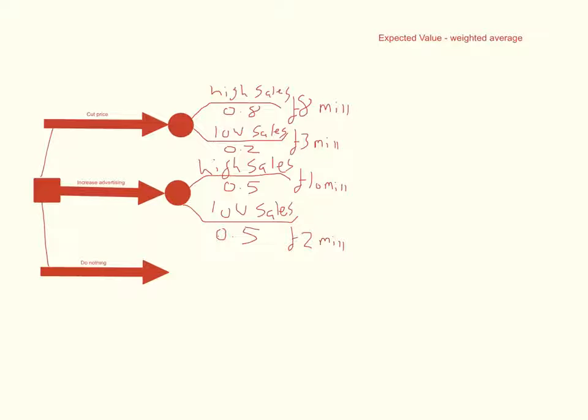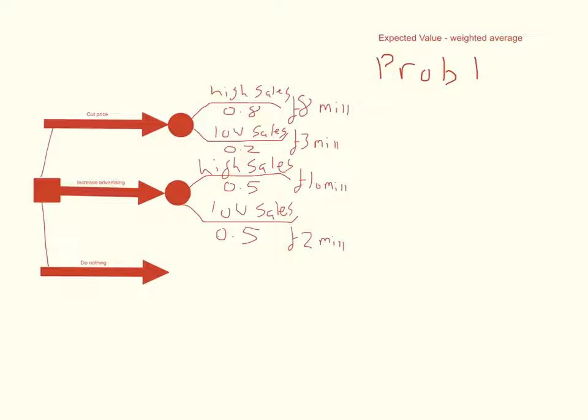Okay, so to do this we use a formula. And the formula is basically the probability of outcome 1, which in this case is high sales occurring.